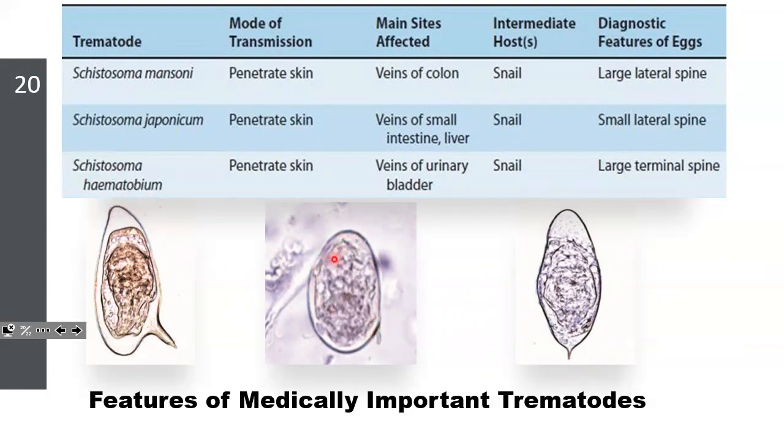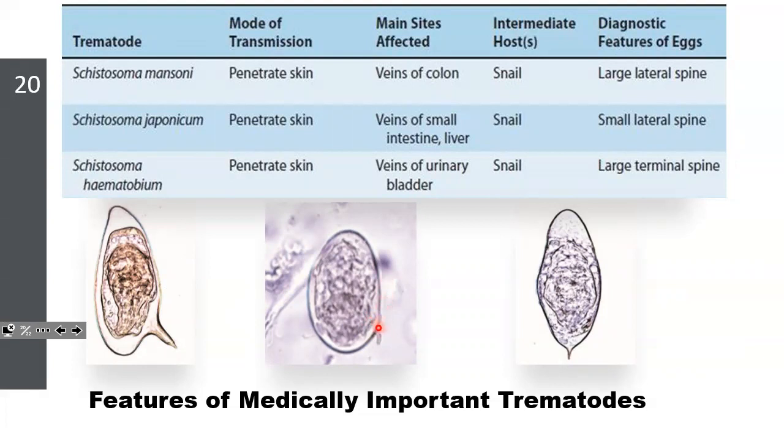The one in the middle is Schistosoma japonicum. Here, you can see that the spine is almost rudimentary. I'm sure if I didn't point it out to you, you may think, oh, it doesn't exist, right? So it's very small and it is to the side. So it's not at one end of the egg, it's at the side of the egg.